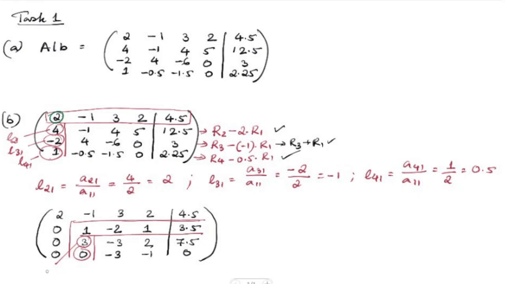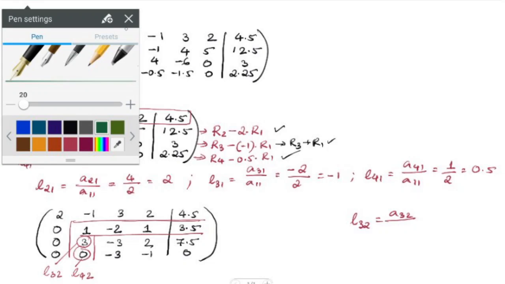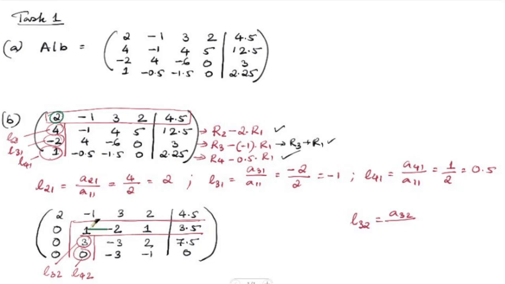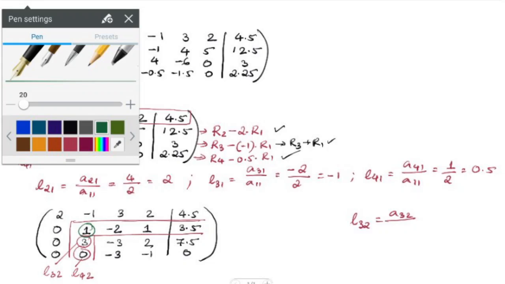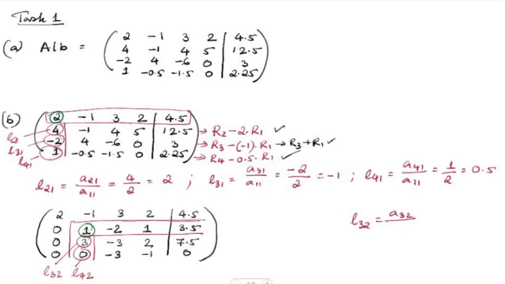So this is our L3,2, and this is L4,2. So we'll find out L3,2 and L4,2. Let's find it out this side here. So L3,2 is equal to A3,2 divided by, as you know, we always divide it by the freezed row's first element here, that is A2,2.